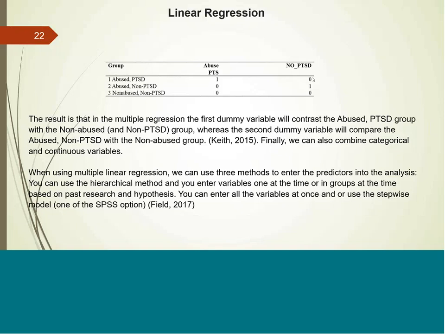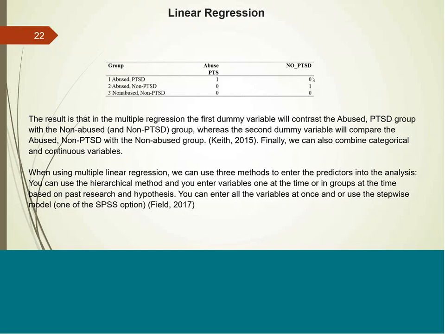And finally, of course, we can also combine categorical and continuous variables. Gender, for example, right? 0 and 1, plus, going back to my example, how much money I'm going to spend on advertising. So when using multiple linear regression, we can use 3 methods to enter the predictors into the analysis.